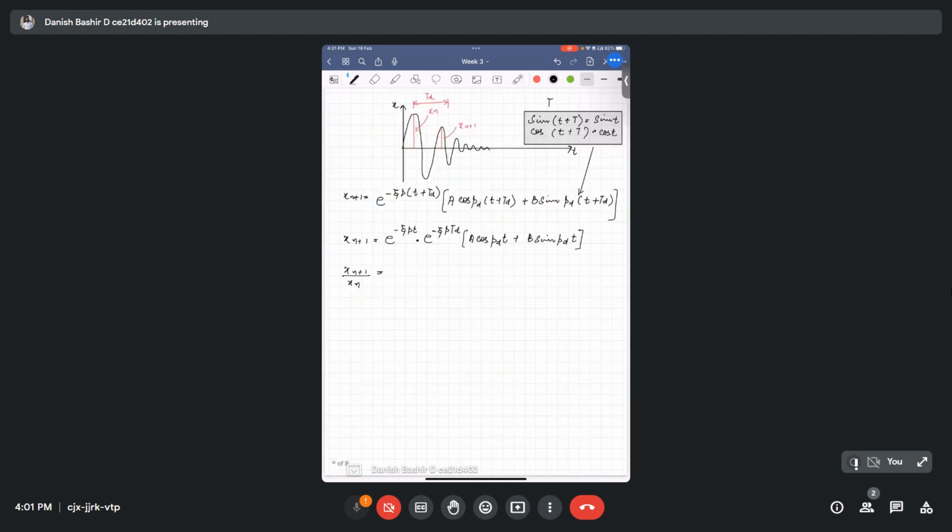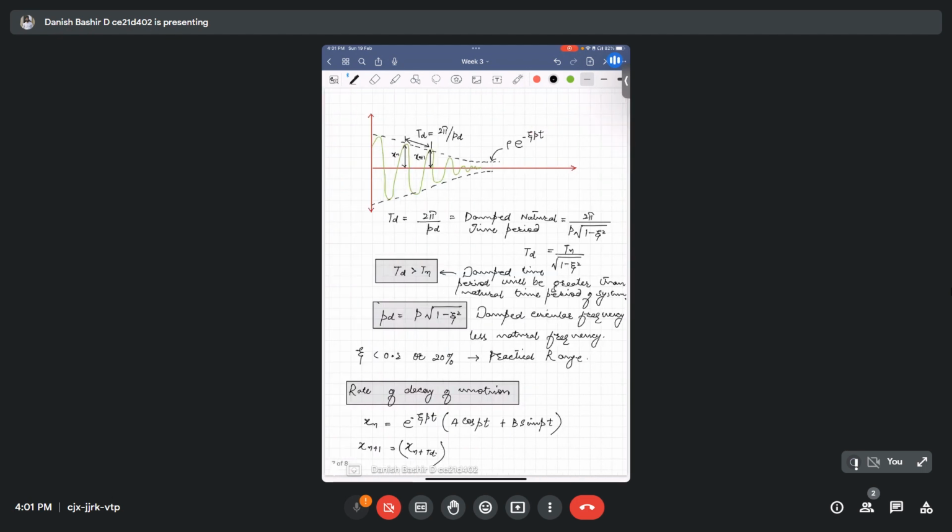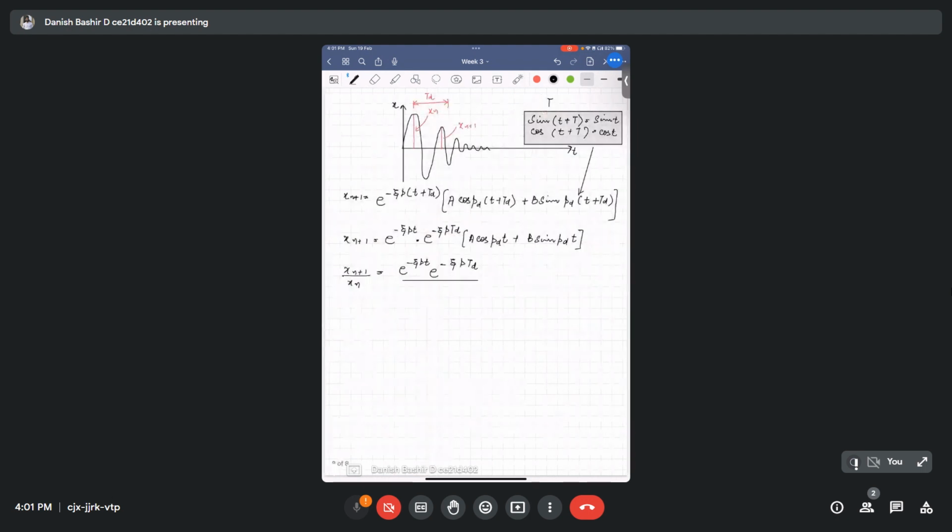We will be left with minus theta pt e power minus theta p td, divided by this one, e power minus theta pt, and the result comes out to be e power minus theta p td.